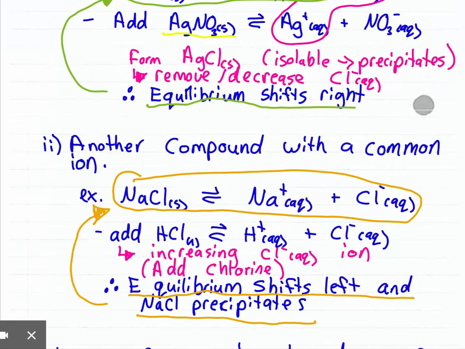So the equilibrium of sodium chloride with its sodium ion and chloride ion is going to shift left towards the sodium chloride to counteract the fact that we have added chloride ions.